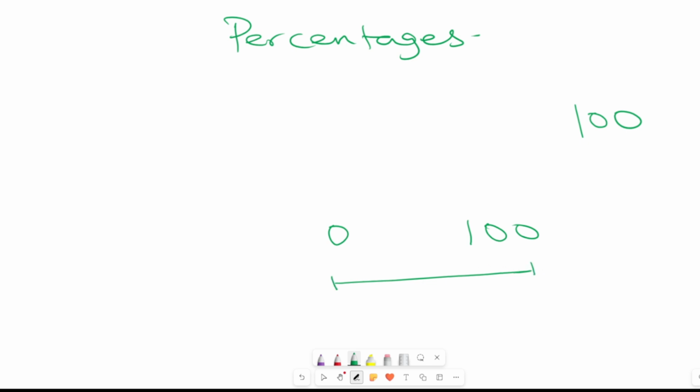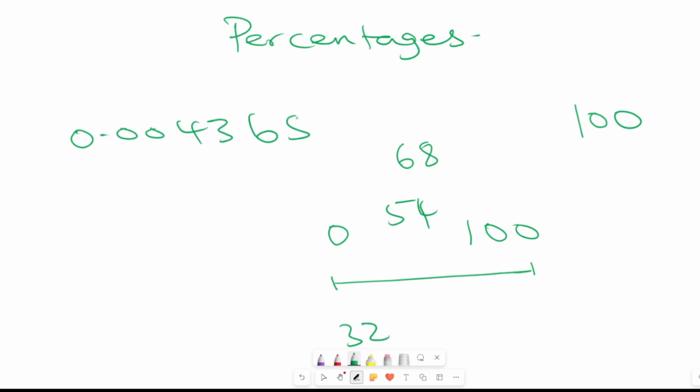So for instance, if I'm dealing with a number of 68 or 54 or 32, all of them as percent, it's easier than having 0.004365. For instance, if I'm talking about an individual's contribution to the amount of money in their district, it will be something like $0.00435 or something per something.